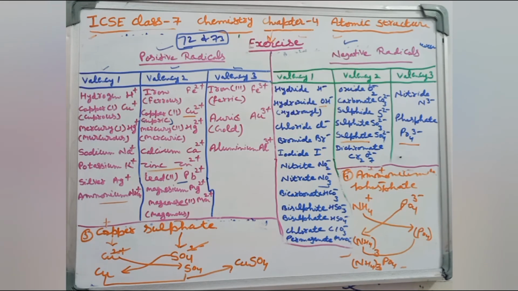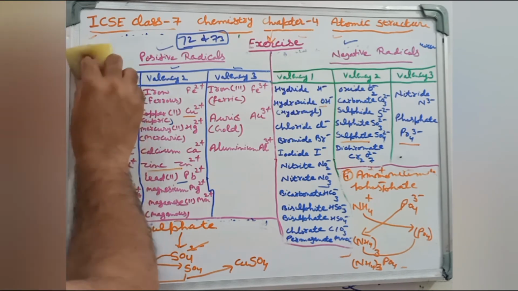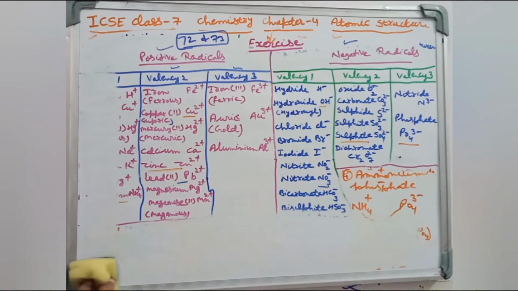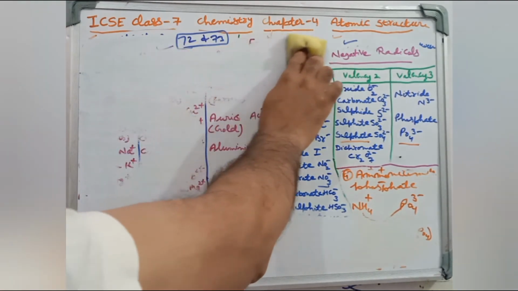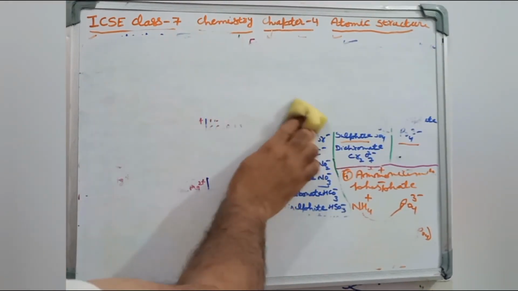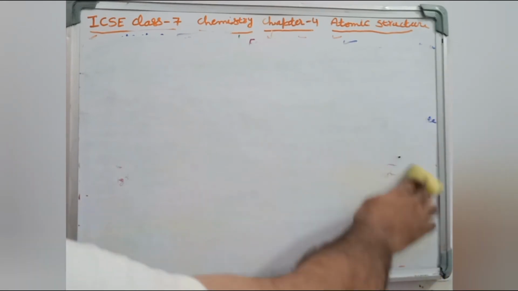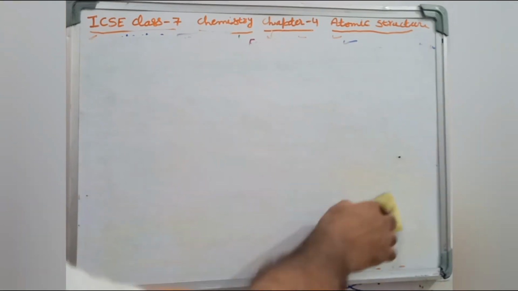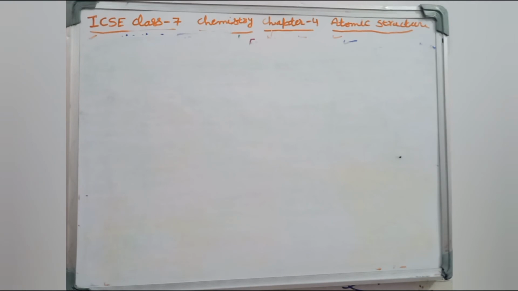So 1, 2, 3 and 9 have been done by me. I am writing the formulas of the remaining. You will try the crisscross method at your home. In case of any problem, you can consult me in the comment section of my channel. 1, 2, 3 have been done.